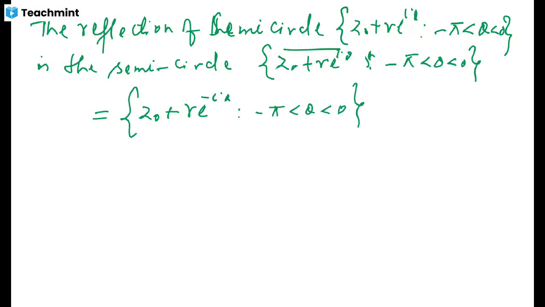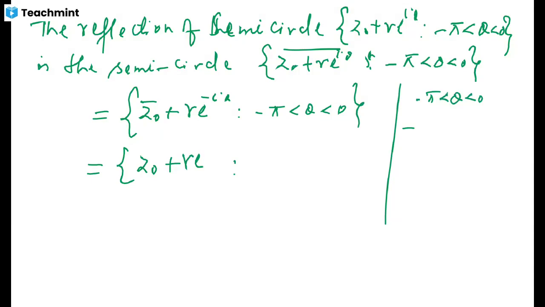But z naught is a real number now, so z naught conjugate has to be z naught. So when your theta is lying between minus pi and 0, you may write it as r e^{i theta}. Then minus pi less than theta less than 0 will simply imply that 0 less than minus theta less than pi.